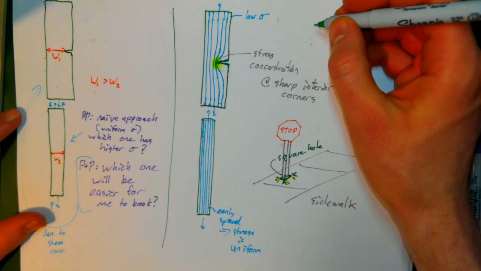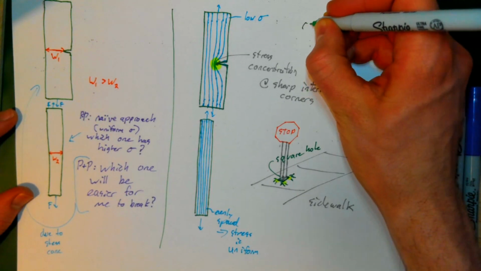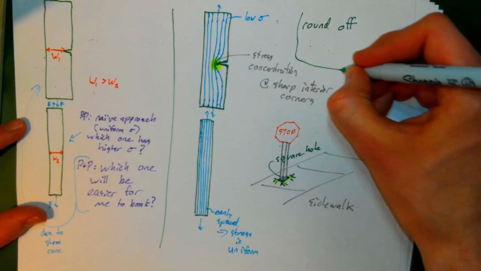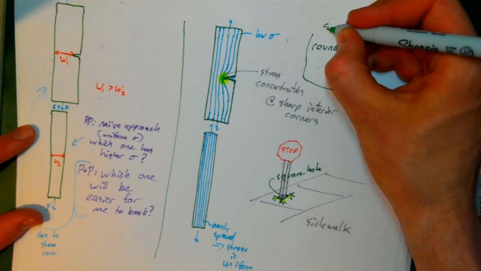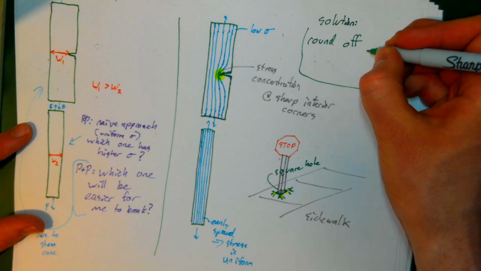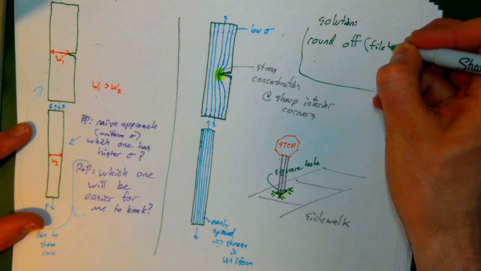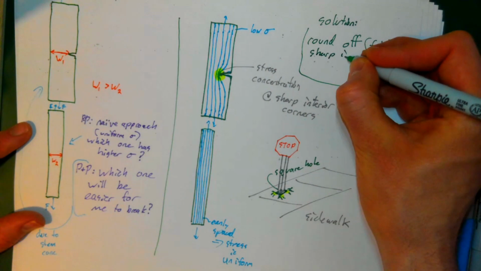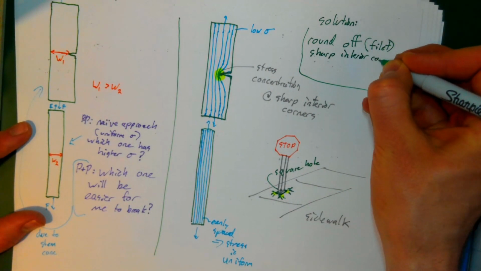You basically want to round off. So the solution is basically to round off or fillet sharp interior corners.